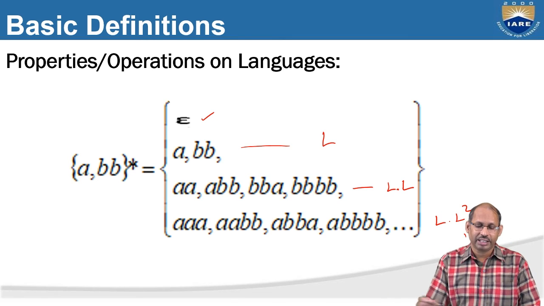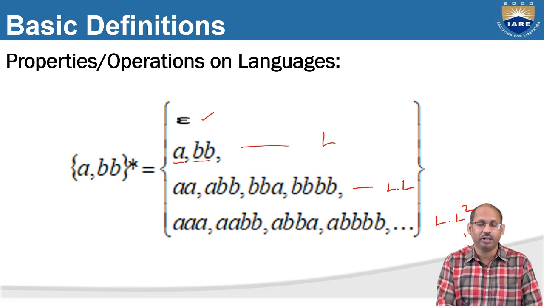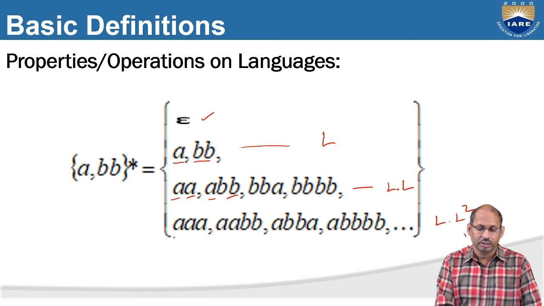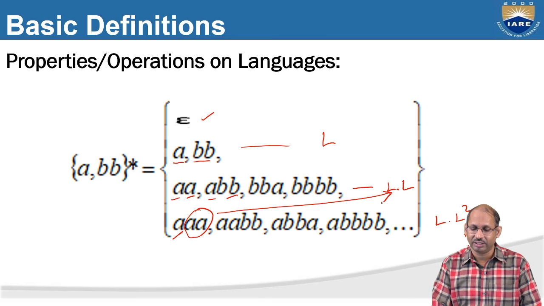Is it clear? A, B, B is a given string, A's followed by B's. A followed by a string belongs to L square.